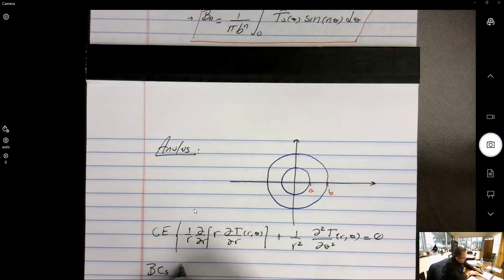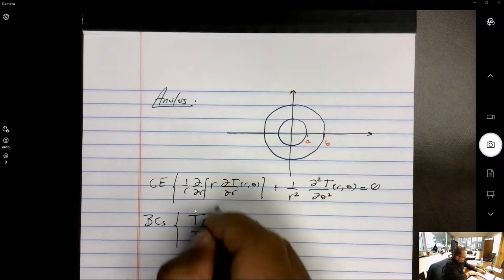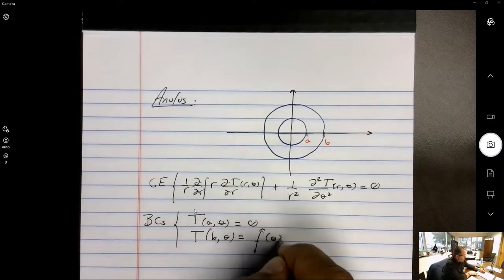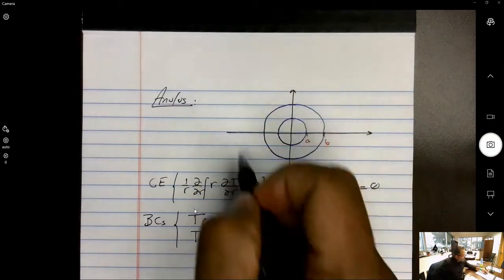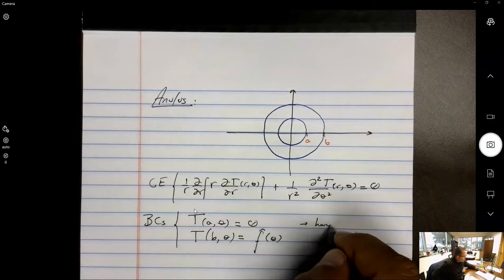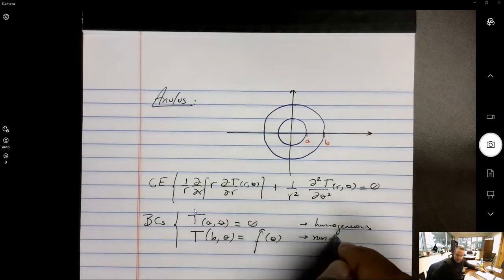The boundary conditions, let's say in this case, the temperature at r = A, for any theta, is kept at 0 degrees, and the temperature at r = B, outside, is some function f of theta. Some function that depends on the angle, but it's not 0. So this is homogeneous, and this is non-homogeneous.